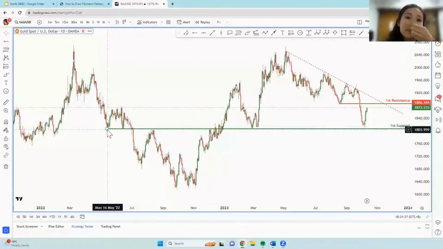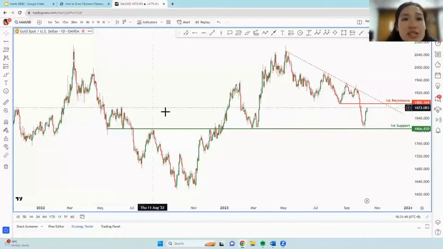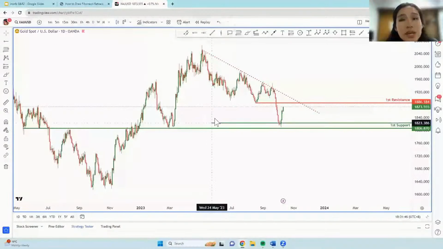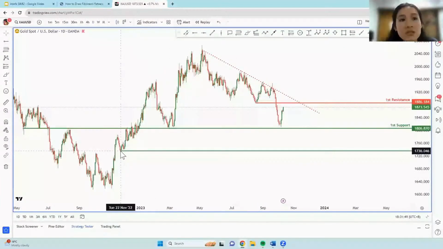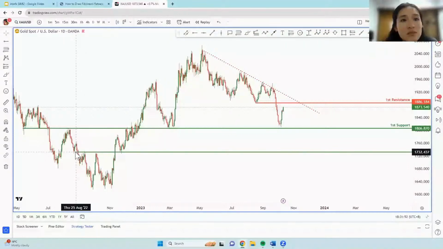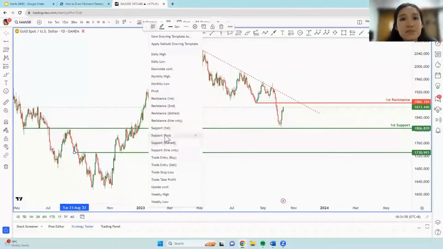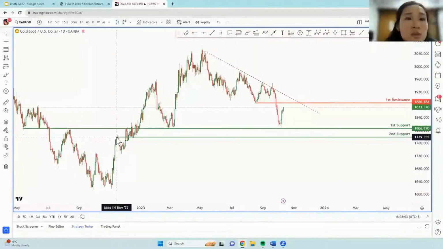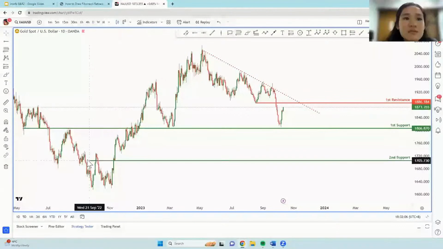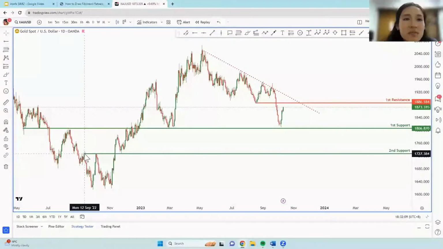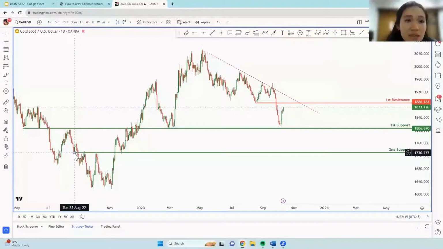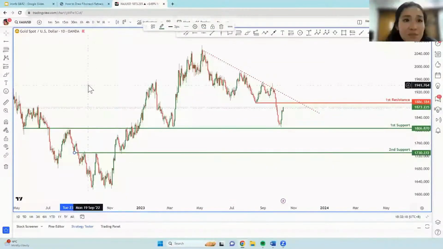You can see this level is pretty significant, with price reversing off of it a couple of times. Next we have a second support here, or maybe closer here. The reason I chose here instead of there is because here we have many swing highs and lows.